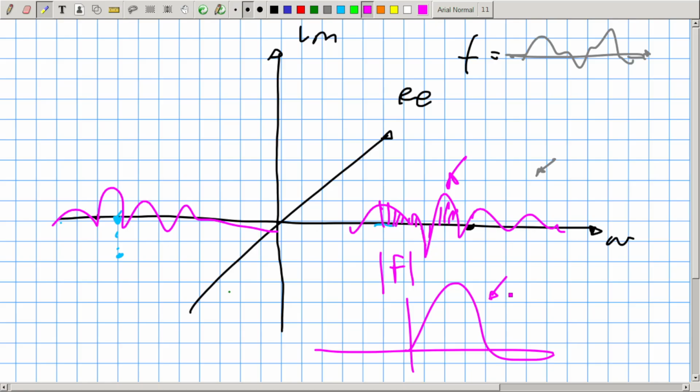So, are you together? Because you don't care about the phase. Whenever you take the modulus, it's kind of ignoring this part here. You see?